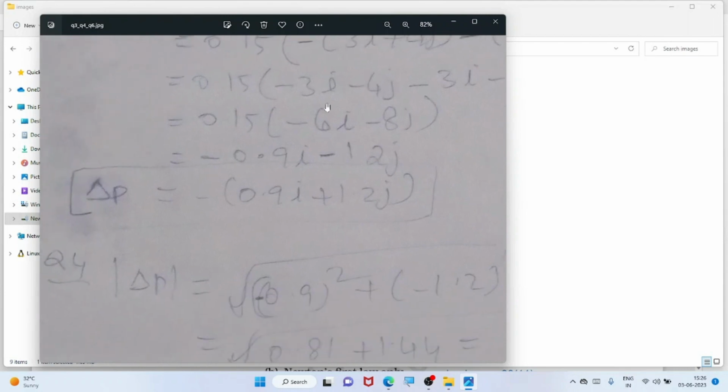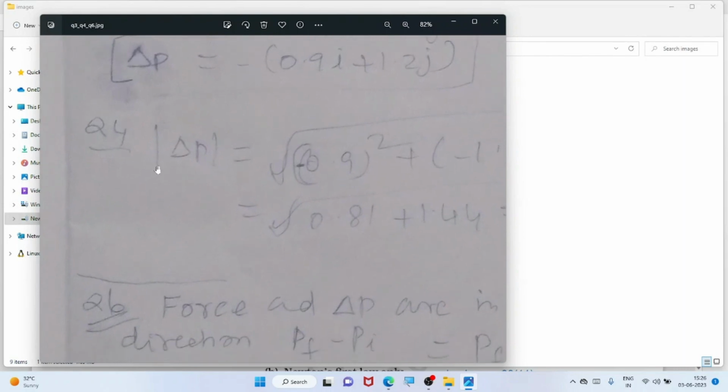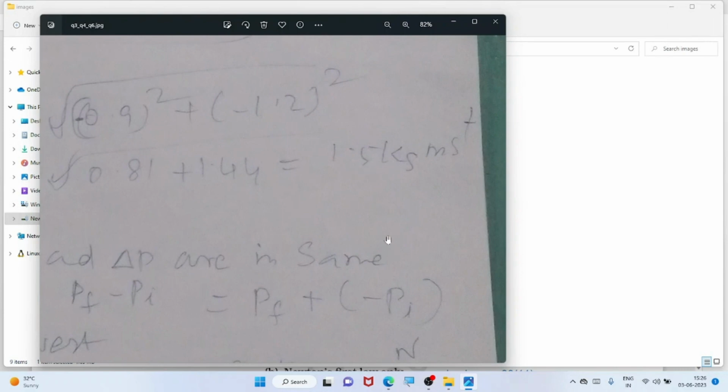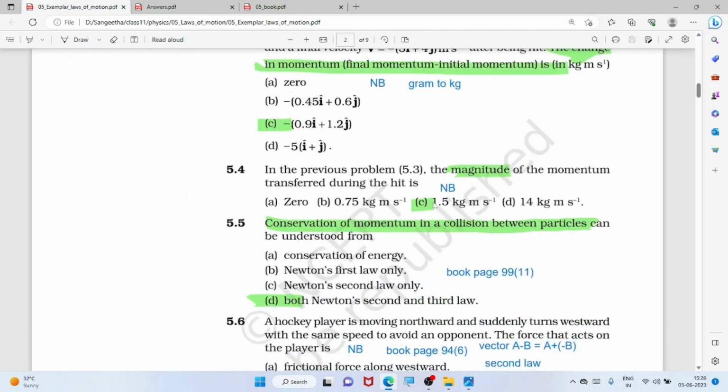This is the equation and this is the answer. And here we are finding the magnitude of that momentum. So this is the magnitude, and this is the answer.